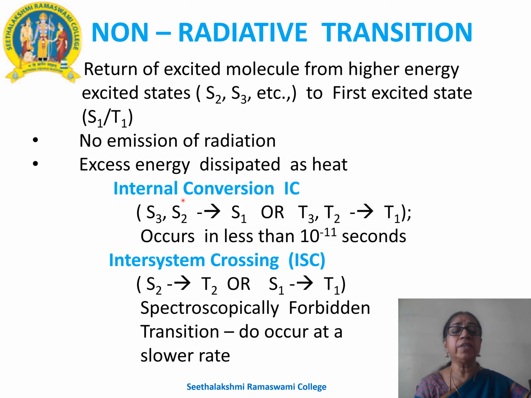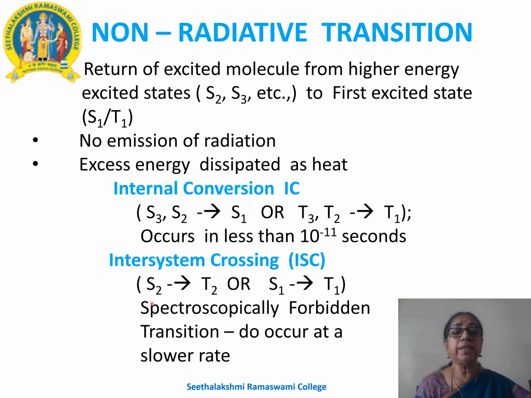During internal conversion, the transition occurs only in between S states or T states. There is no transition from S to T or T to S. That is, transition is from S3 or S2 to S1 or T3 or T2 to T1. And this process occurs in a very short time, of the order of 10 power minus 11 seconds.